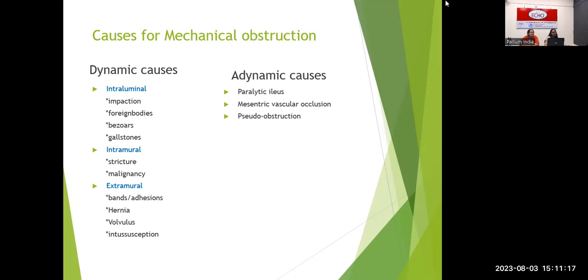Can you be more specific? What type of vomiting can you see? Green color. Okay. Anything else? What does that green color indicate? Anything in particular?